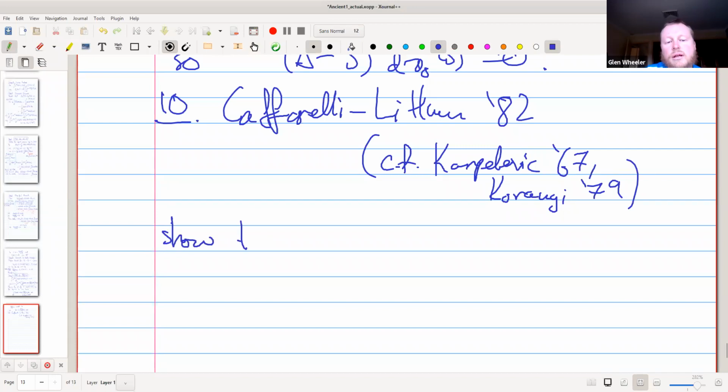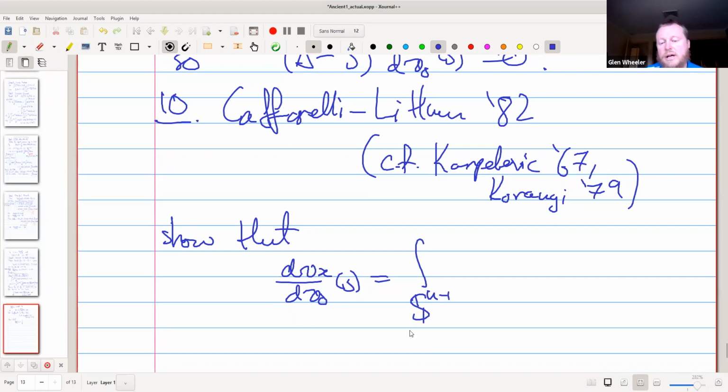Anyway, they show that dν_x/dν_0 at s is actually the integral over the boundary S^(n-1) of e^(x·ψ√s), and then you have this Borel measure dν_s(ψ), where the variable is ψ.